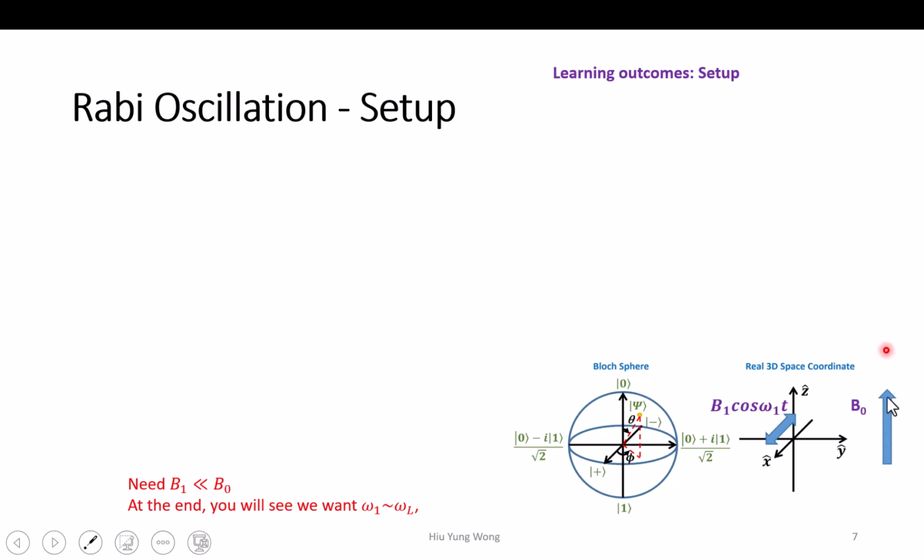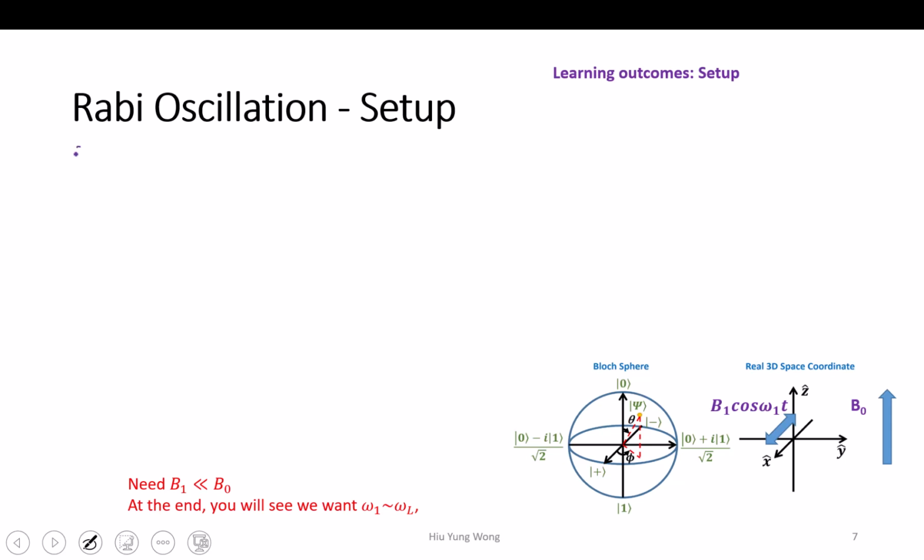We are going to have a large external magnetic field pointing vertically in the positive z direction, and then we will have a small magnetic field oscillating at a frequency called omega-1, not yet at the normal frequency. We want to use the normal frequency, but let's just generally call it omega-1, so it is oscillating. Okay, so let's look at this physical problem.